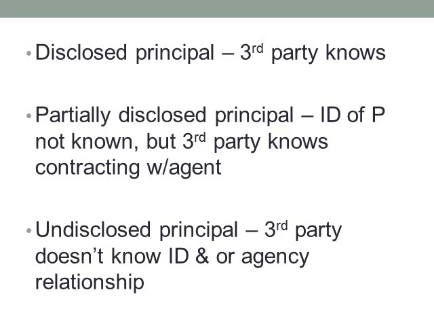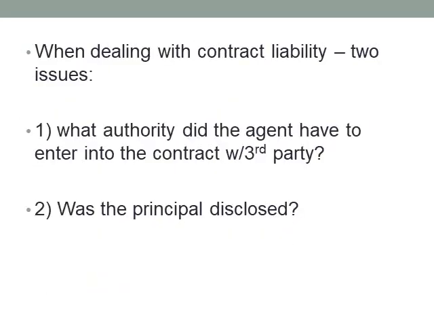Now we're on undisclosed principal, and it is what it says it is. The identity of the principal is totally unknown by the third party at the time of the contract, and the third party has no knowledge that the agent is acting in an agent capacity. Okay?